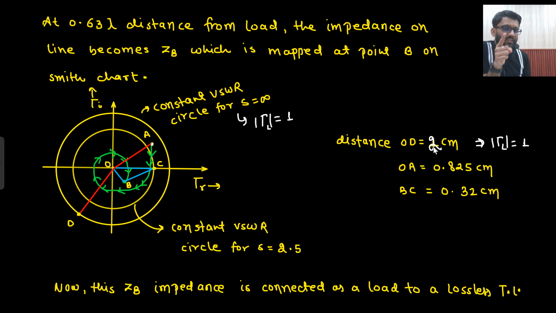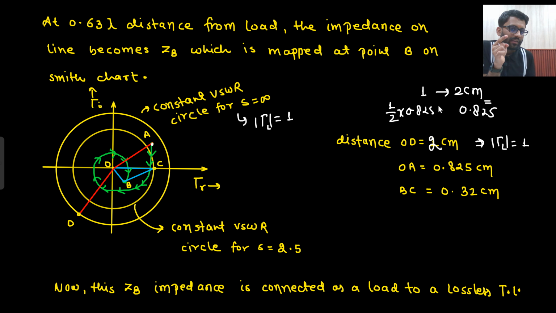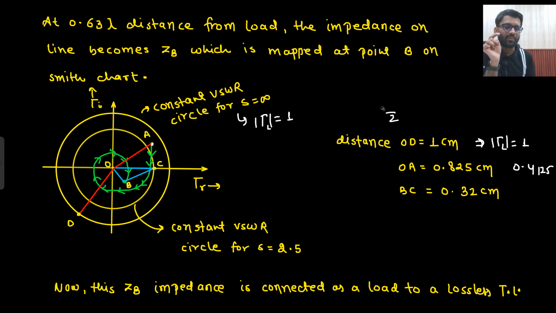If 1 reflection coefficient is denoted by 2 centimeter, then 0.825 would represent mod of gamma equals 0.825 divided by 2, which is 0.4125. But as of now it is 0.825 only, because they have given the distance to be 1 centimeter.